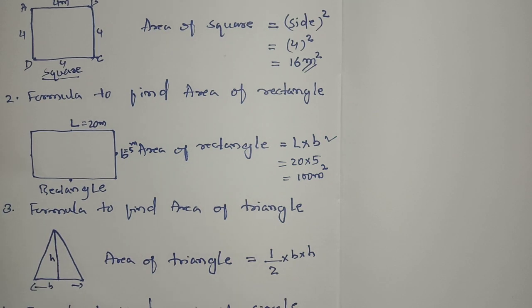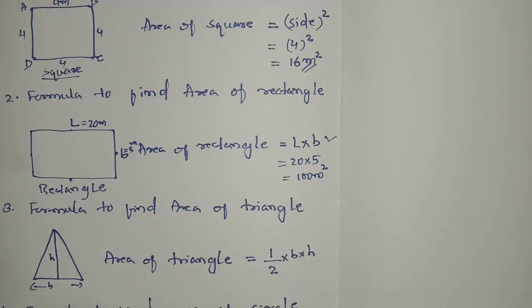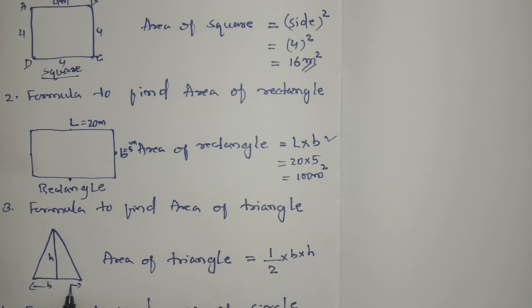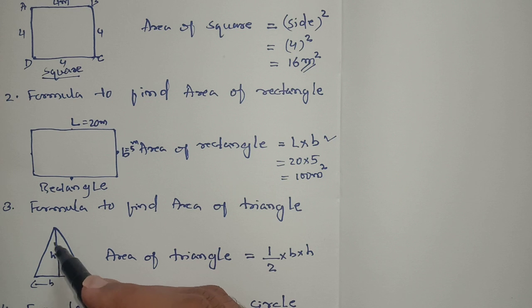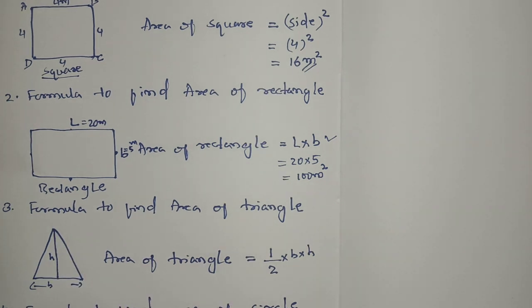And also keep in mind, this is also called altitude, student. So this is the formula to find the area of triangle. Half into base into height. B stands for base, H stands for height. Keep in mind, another name for height is altitude.